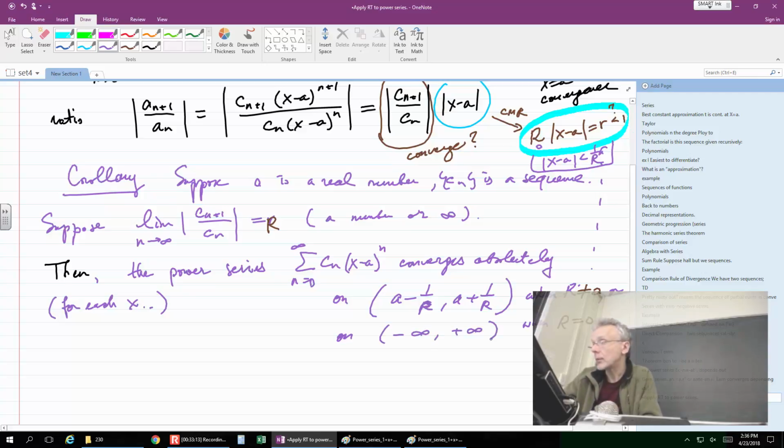From negative infinity to positive infinity, just like that example from last time, the exponential function has the limit equal to 0 of those terms that are uppercase, and converges for every value of x. So this is called the interval of convergence. And 1 over r is the radius of convergence.